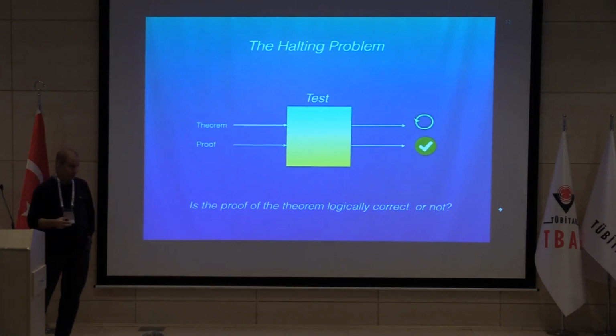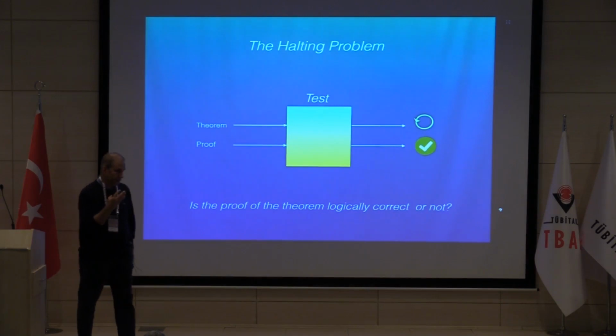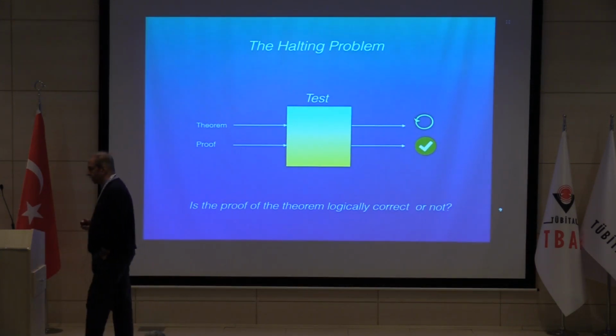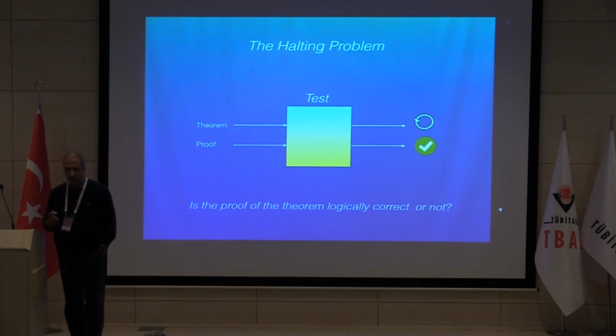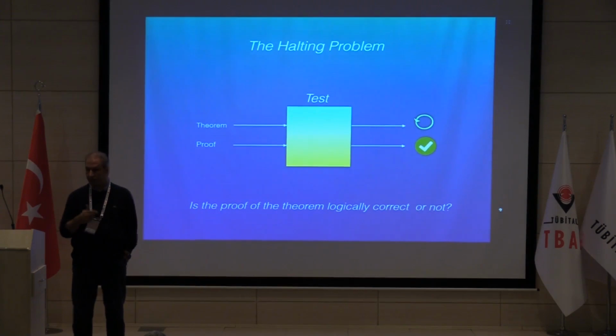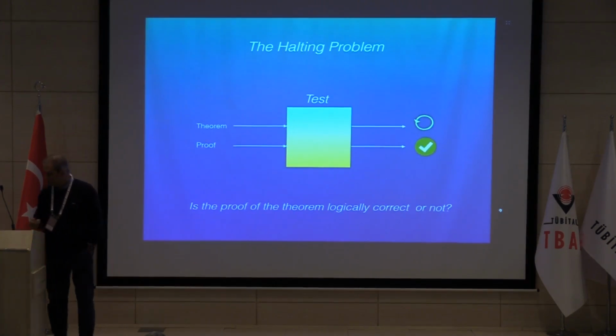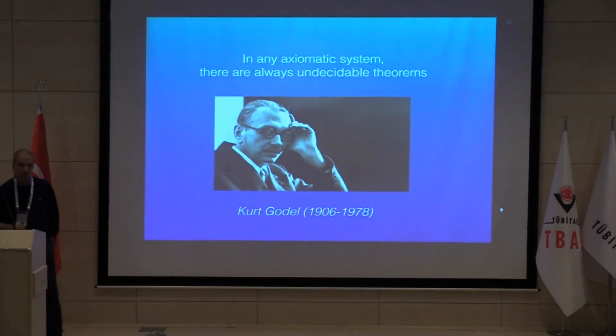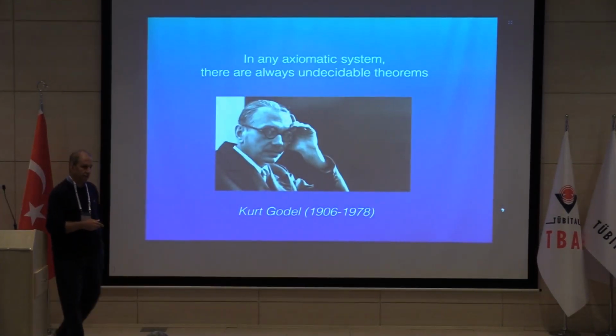I leave these slides here so that you can contemplate on this, because it's not so easy to grasp. It has been formulated by many other mathematicians like Bertrand Russell. And then you can also find similarities with the famous theorem of Gödel.